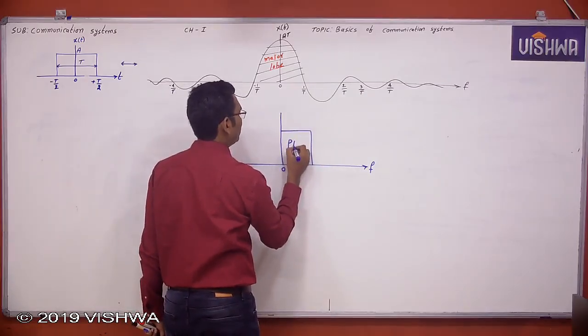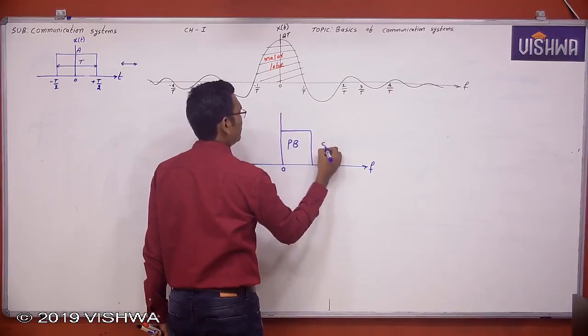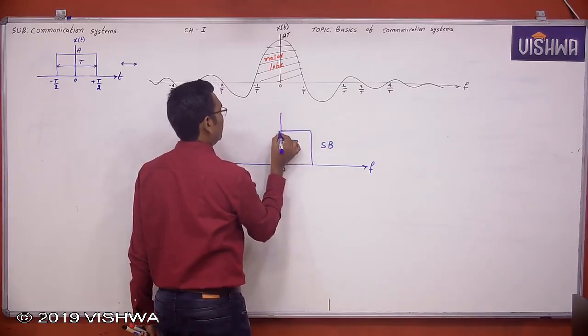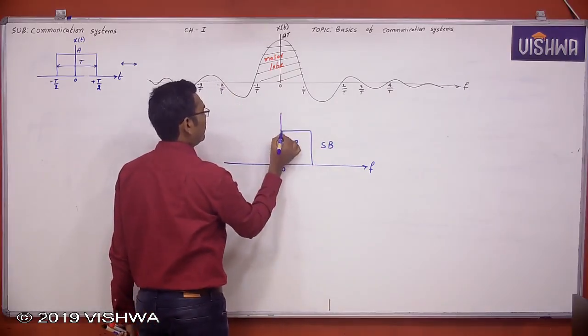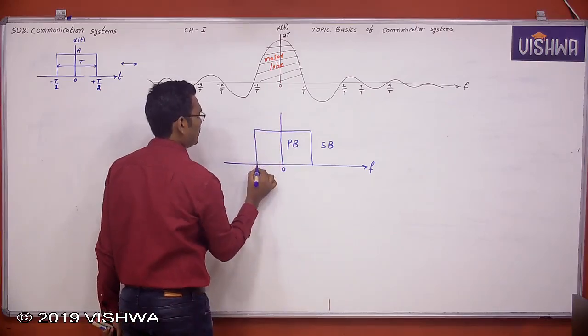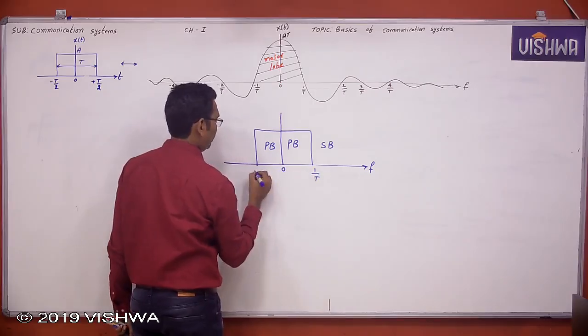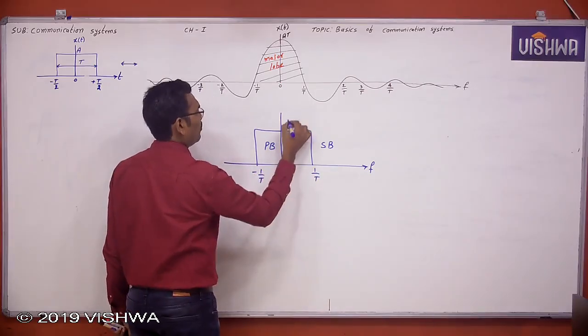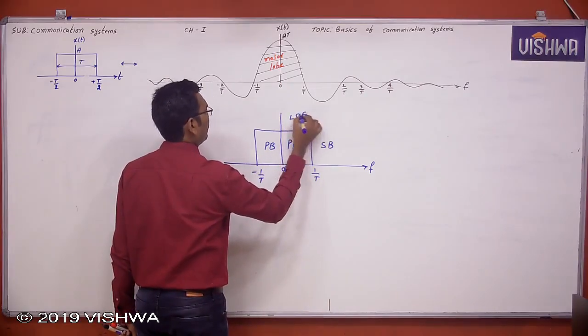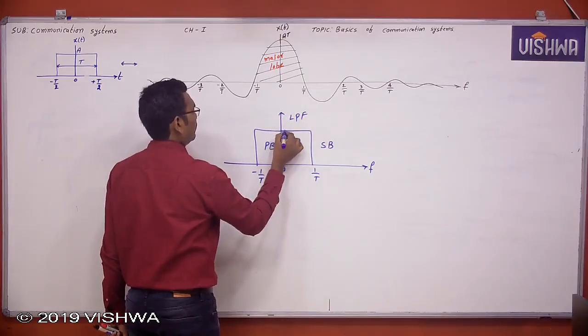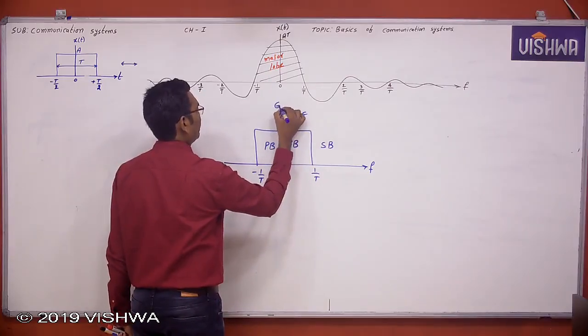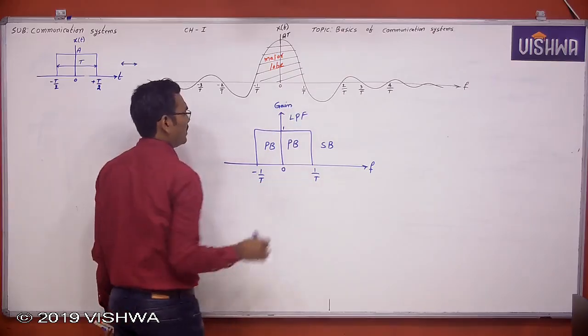This is the pass band of the low pass filter. This is the stop band. Okay. Generally practically it is the positive side, but because of symmetry I can take the negative side also. So 1/T, design a low pass filter. Now this is the gain versus frequency characteristic of a low pass filter.